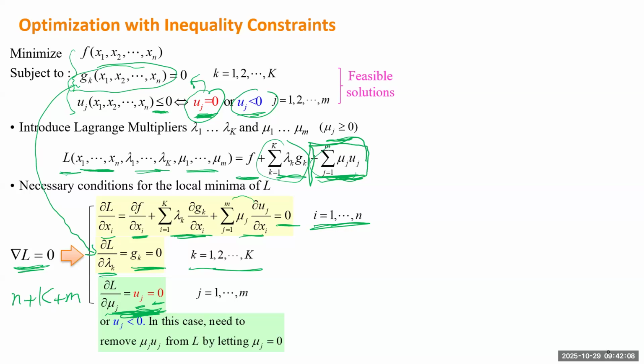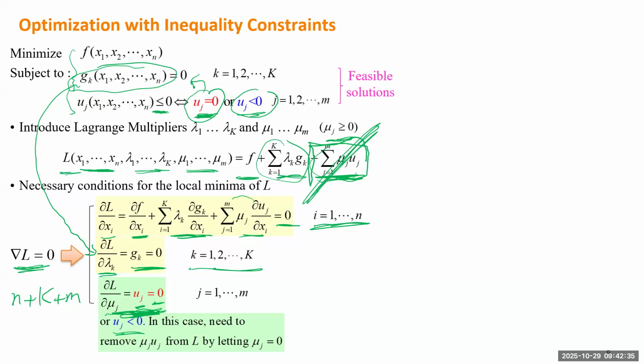When U is negative, the gradient vector will not have a 0 element in the dimension about mu. But in this case, if U is negative, we don't need to include such U in the L function, because the purpose of the L function is to find stationary points.